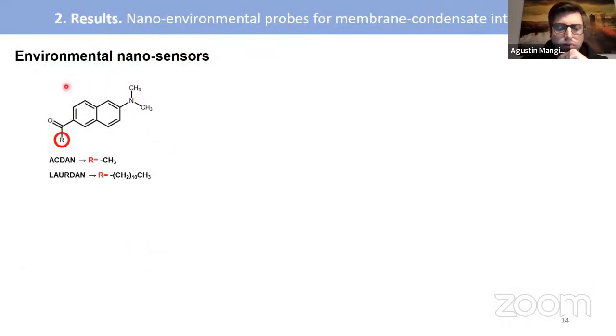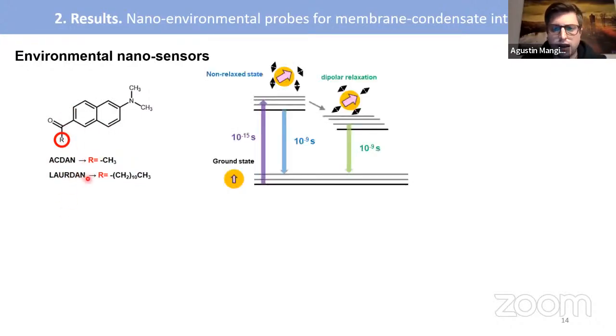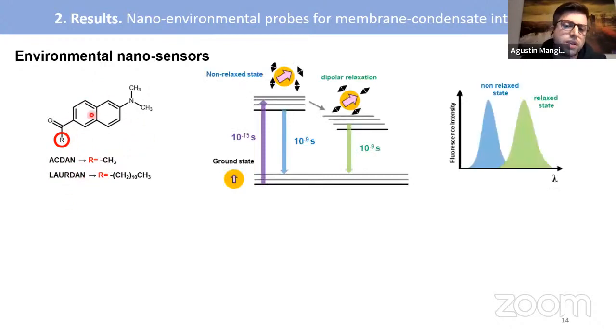I don't need to tell this again because it has been told already by several speakers, but these are the group of probes designed by Gregorio Weber, the dye probes. Prodan is the soluble version, and Laurdan partitions to membranes because it has a lauroyl tail here.